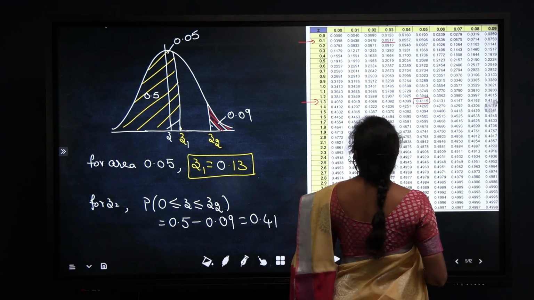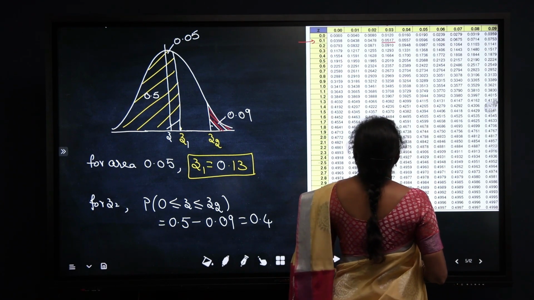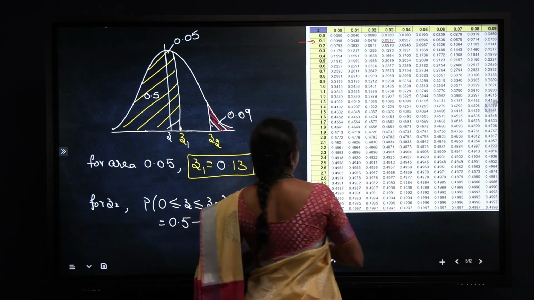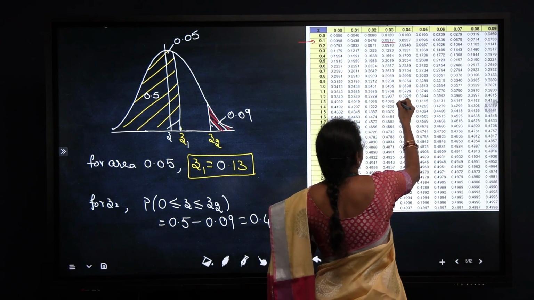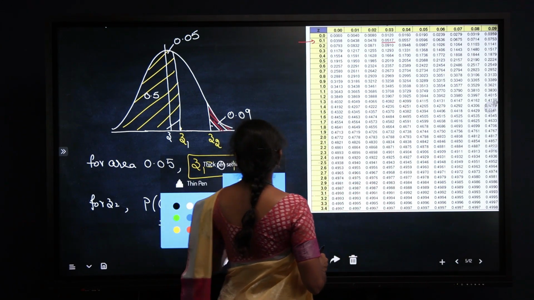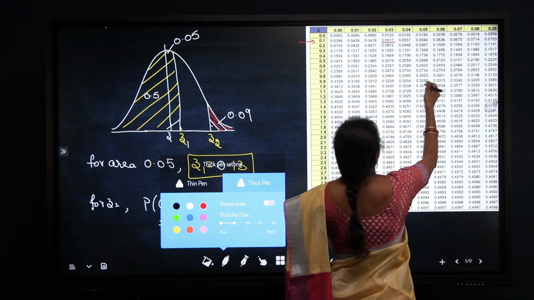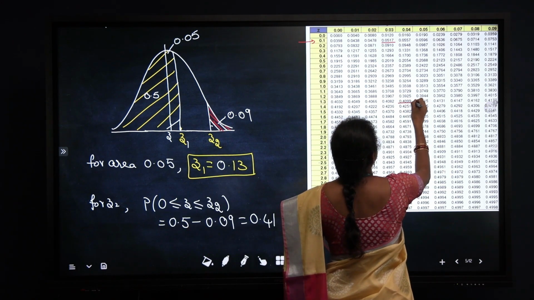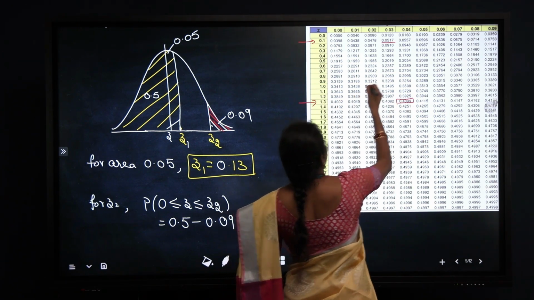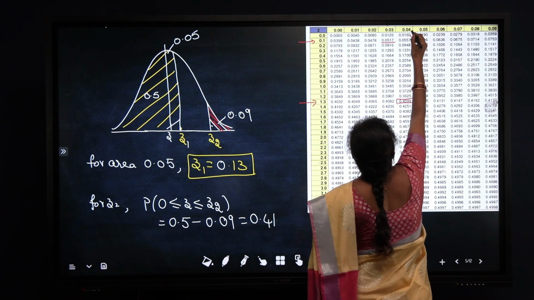So we can even take this value, which is near to 0.41. This value is 0.4115, whereas this is 0.4099. So the corresponding value is 1.3 under 0.04.